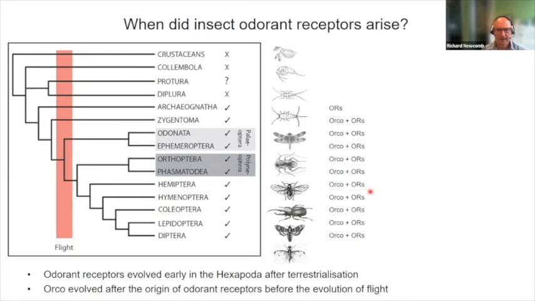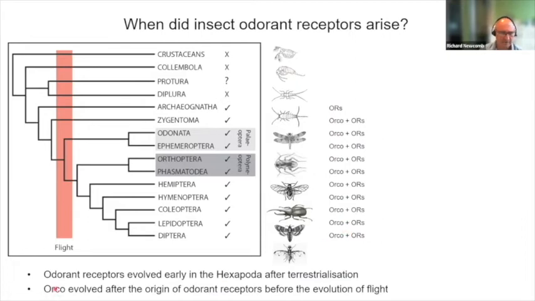So if we summarize all of that data, we can see that odorant receptors evolved reasonably early in insects. And if we fill in with other data from other research groups as well, there's one bristletail sequenced, and in that genome there are a number of odorant receptors, but no orco has been found. And then if we fill in here with the silverfish, and then the dragonflies and mayflies, they all seem to have an orco plus these odorant receptors.